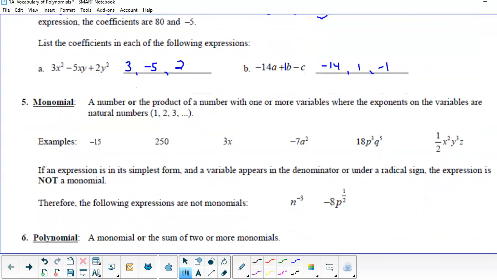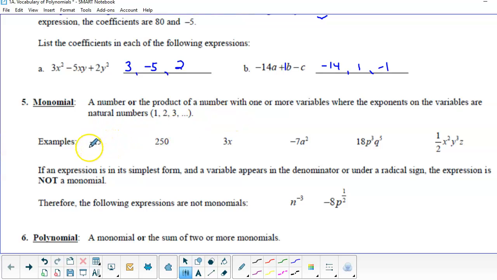Okay. What's a monomial? A monomial is a number or the product of a number with one or more variables where the exponents on the variables are natural numbers. So remember, naturals start at 1 and go up consecutively. Actually, you could say whole numbers for the exponents, because anything to the exponent 0 is 1.